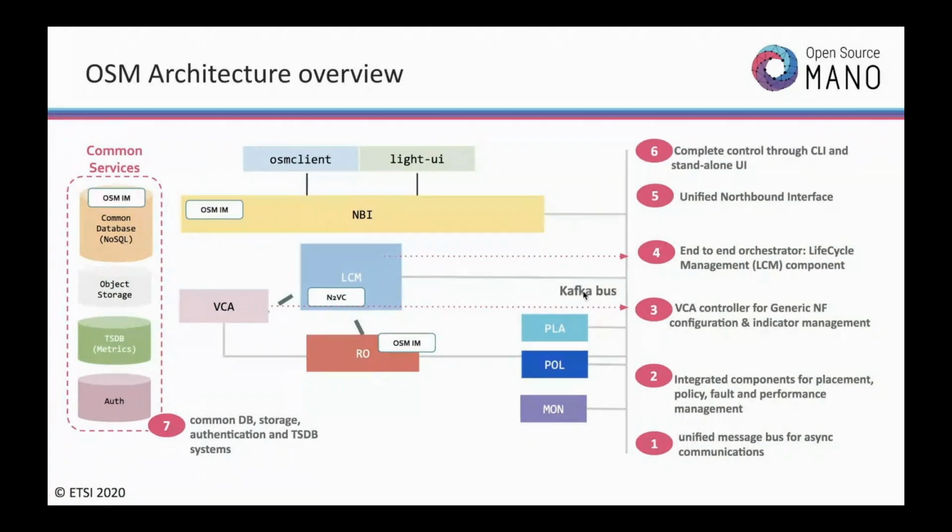That response can be read back by the NBI and delivered to the client. So that's an asynchronous message where components are not waiting for each other. They just leave a message and expect the other ones to react.